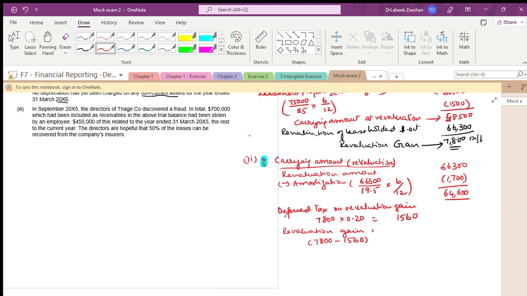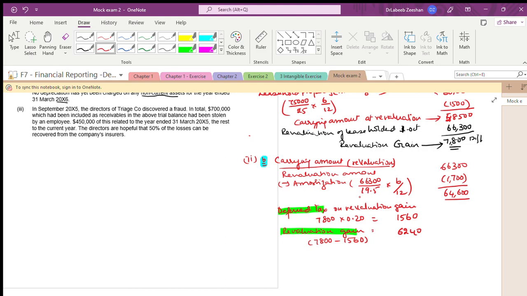This is deferred tax and this is revaluation gain. How much is the 7,800 less the tax? 6,240.